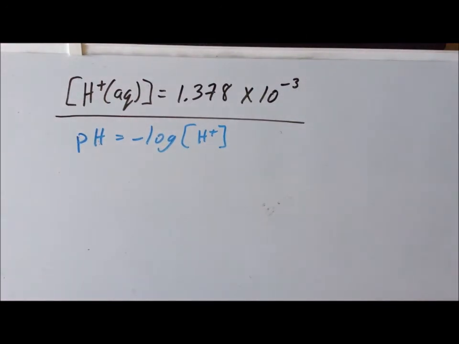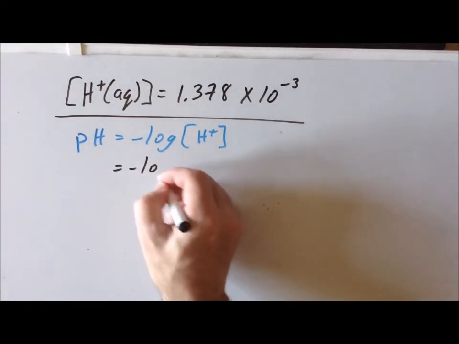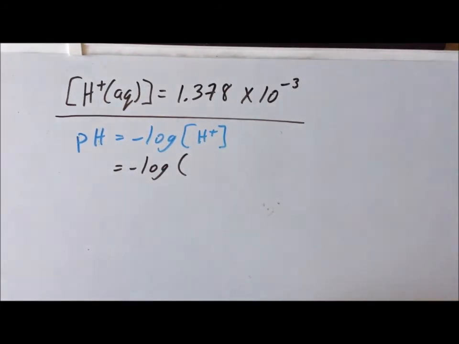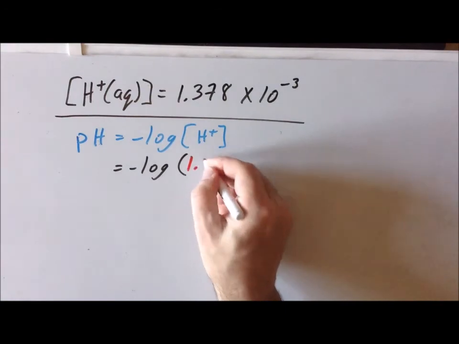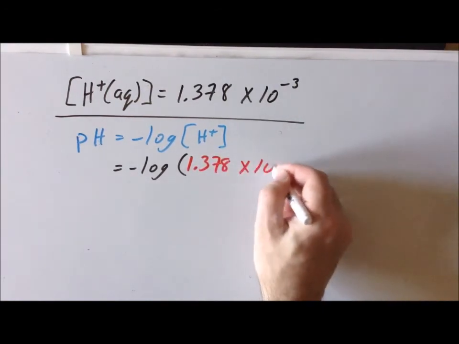So in this particular example, we have the negative log of the quantity 1.378 times 10 to the minus 3.